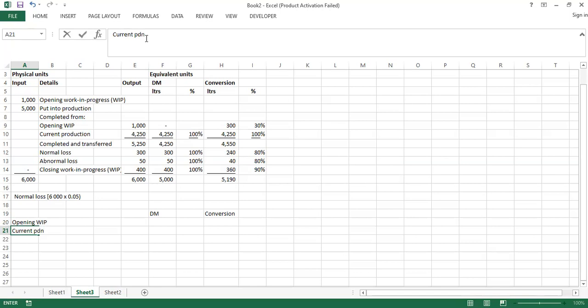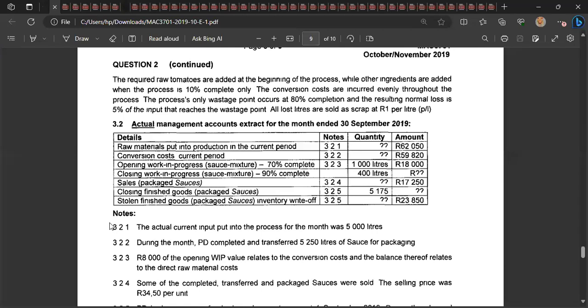Let's write it like this. Because we are dealing with first in, first out, we are going to ignore the opening work in progress information. Why are we ignoring it?